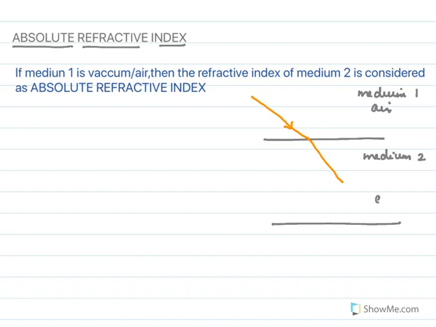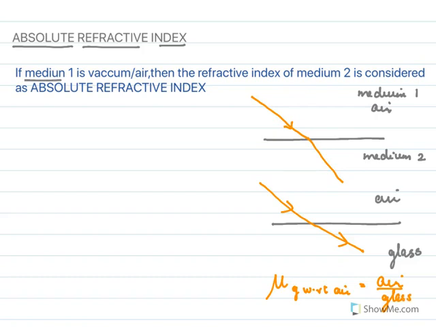Example, if light is traveling from air to glass, the refractive index measured here is called absolute refractive index, because we are going to measure the refractive index of glass with respect to air, and that will be speed in air over speed in glass. This is called absolute refractive index.